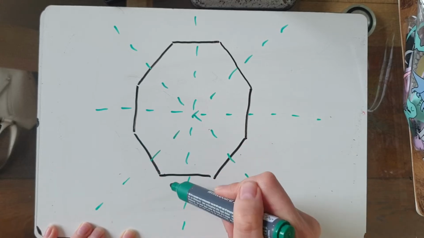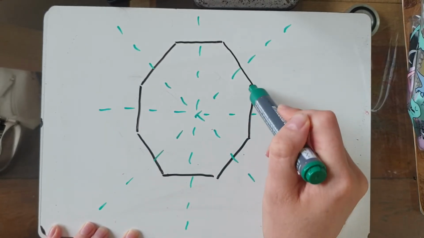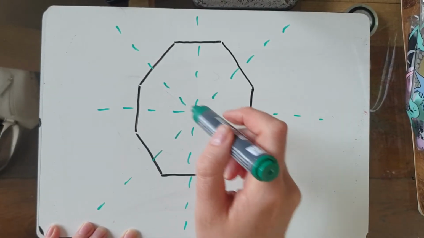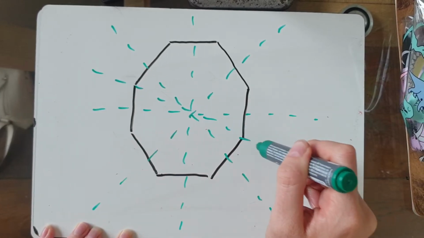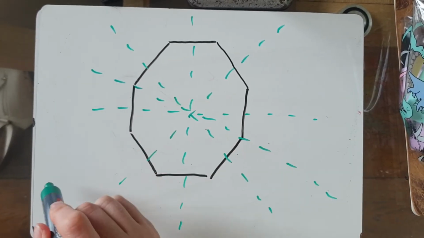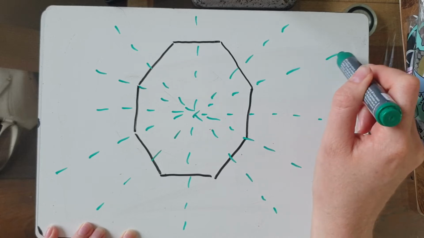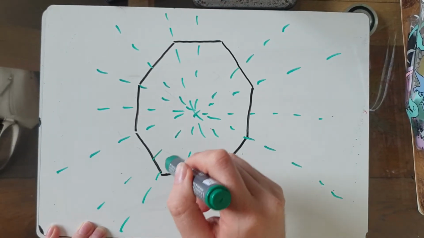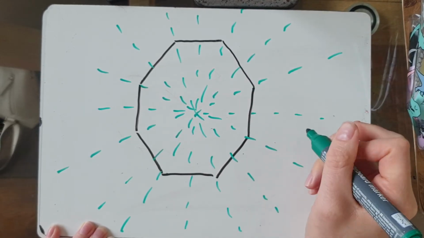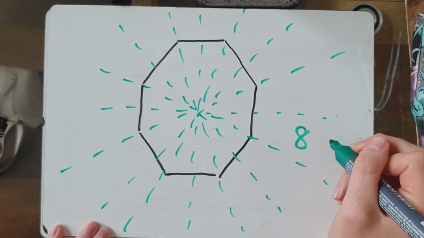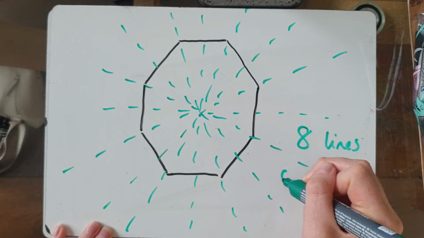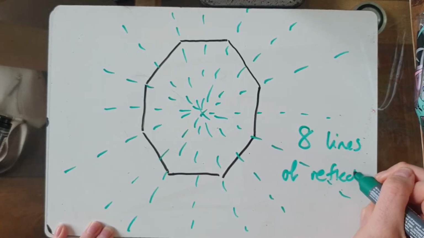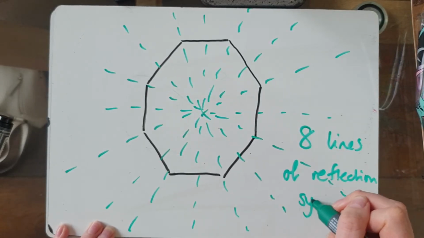And that's going through each of the flat edges. We've then actually got ones through each of the vertices. So it ends up with 8 lines of reflection symmetry.